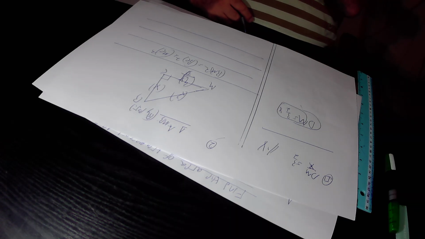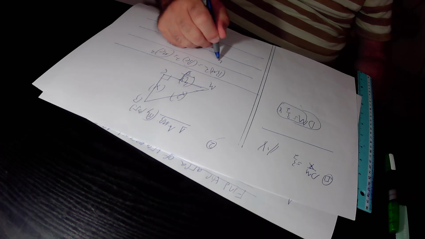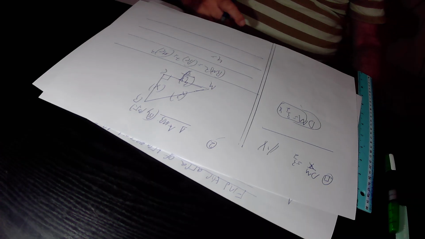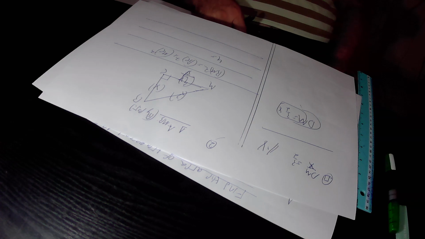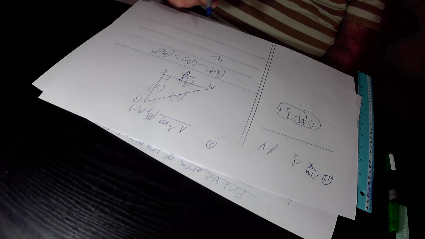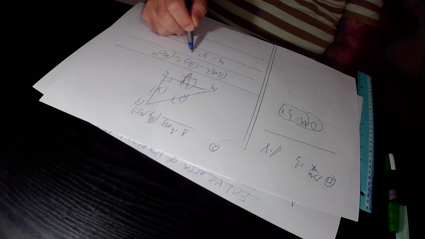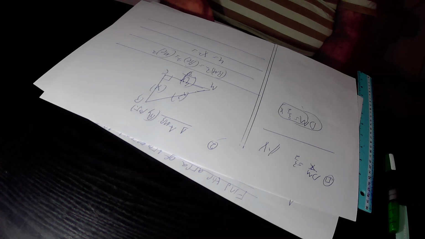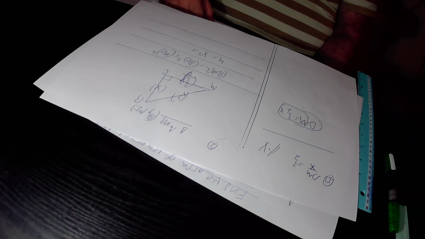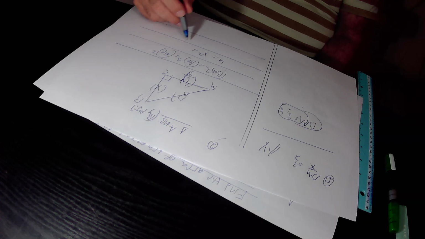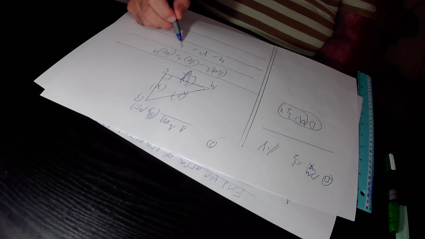BM is 2, therefore BM squared is 2 squared, that is 4. And it equals BC squared. BC is x, therefore BC squared is x squared, plus MC squared. MC is 4x over 3. Therefore MC squared is 4x over 3 squared.